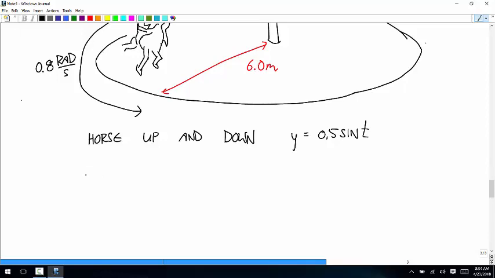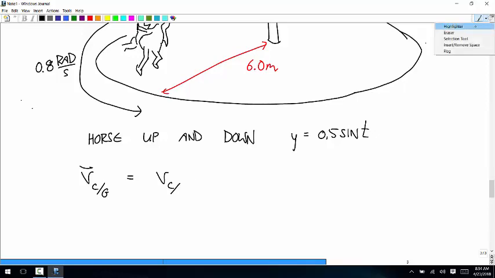So the velocity of the child relative to the ground, that's what we're talking about, is equal to the velocity of the child relative to the carousel.